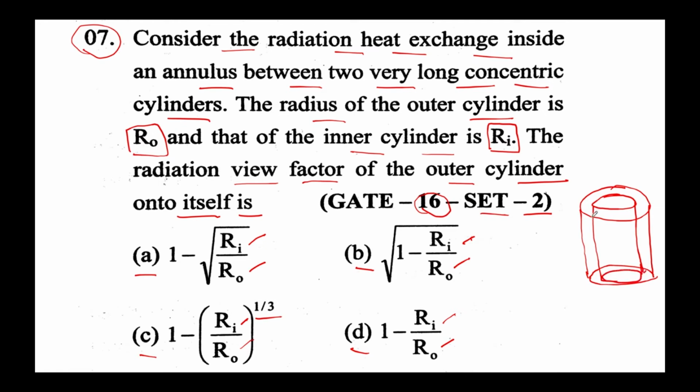Now, between the annulus gap, we assume that there is no medium present, so that radiative mode of heat transfer is the only thing which is possible. Let's take the inner cylinder to be 1 and the outer cylinder to be 2. Now they are asking you to find the view factor of the outer cylinder onto itself, which means F22 is what has been asked in the question, right? So this is what you have to find.